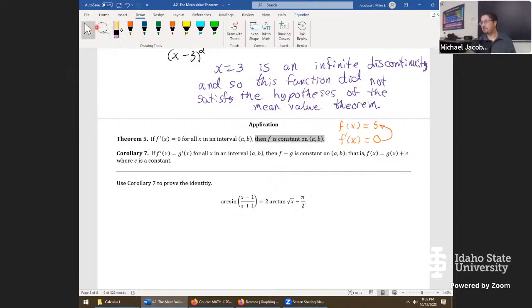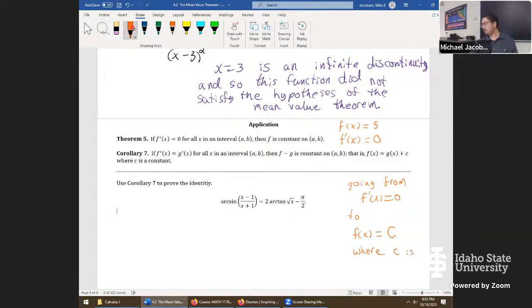Going here to here is finding one antiderivative. Let me write that over here where it would be more apparent. Going from f prime of x equals 0 to f of x equals c, where c is a constant, is finding an antiderivative.